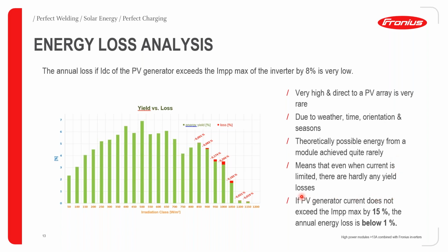So, to summarize this, we would say that if the PV generator current does not exceed the IMP max of the inverter MPPT by more than 15%, then the annual energy loss would be below 1%. So this is also a very important statement to always remember.